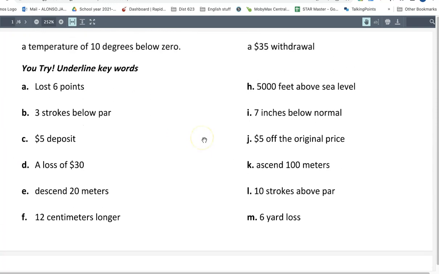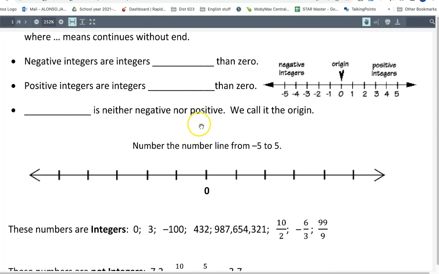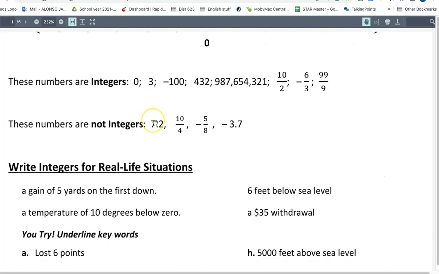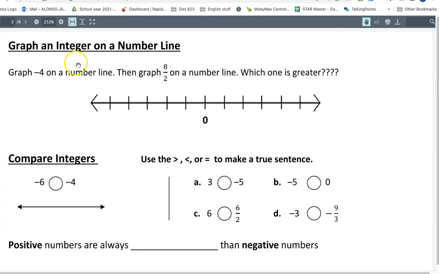Okay, so let's continue with the second page, which is this one right here.